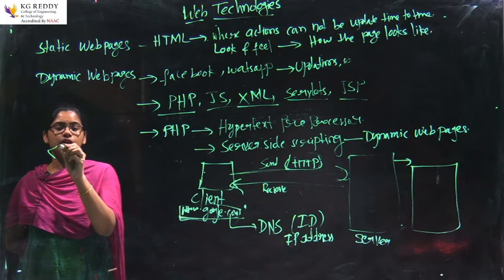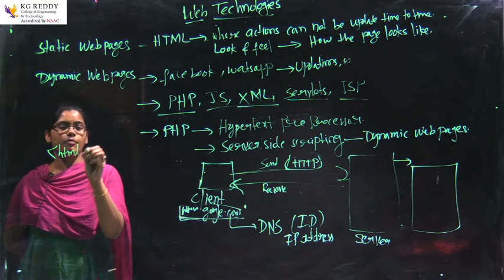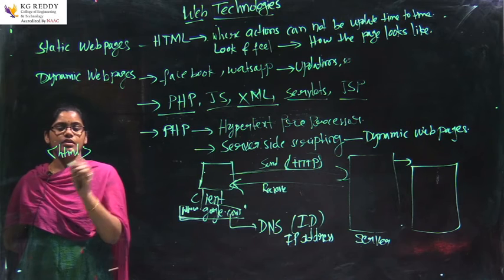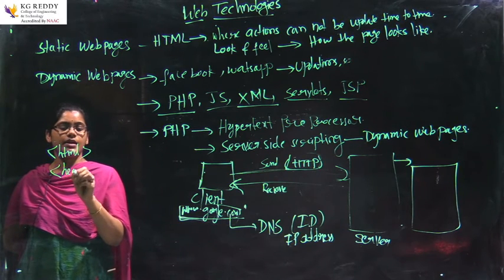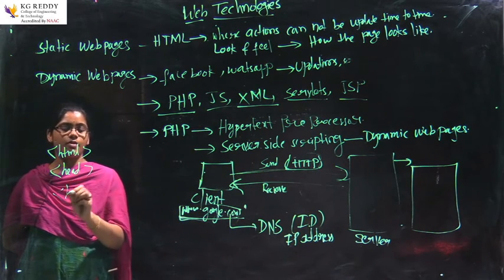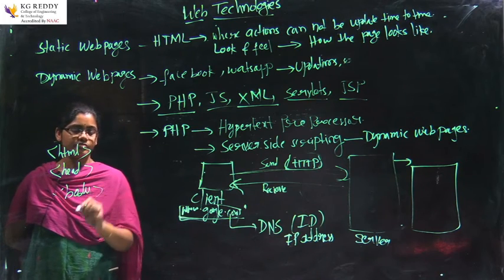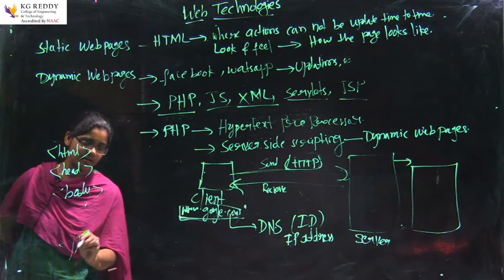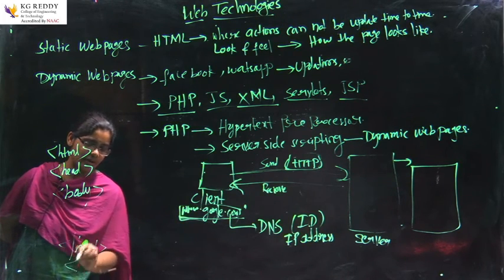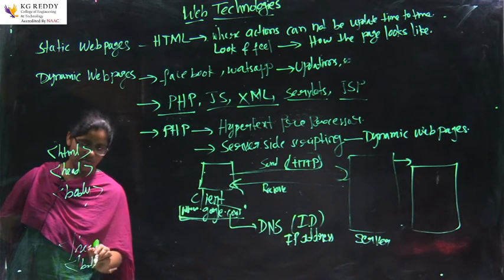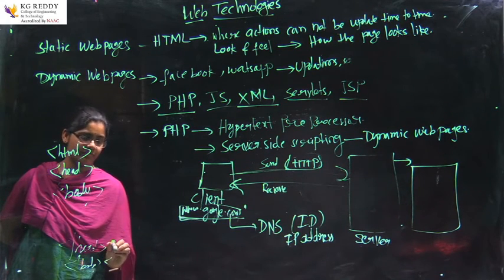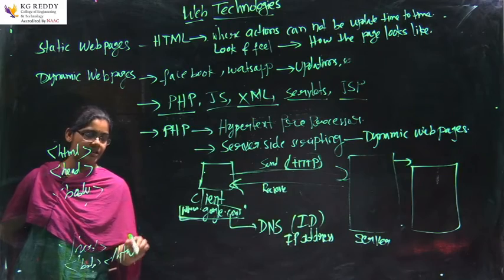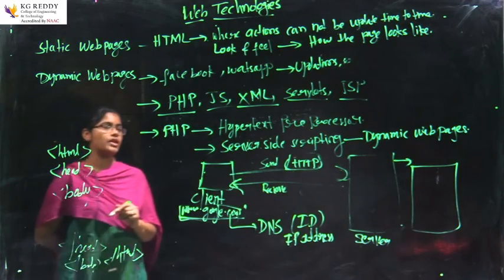The basic syntax of HTML: the opening tag HTML, then you insert head, then go for the body section, and then close the head, close the body, and close the HTML. This is the general syntax of HTML, which you already know.